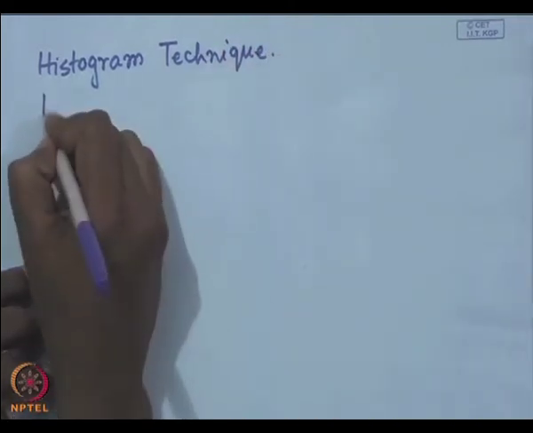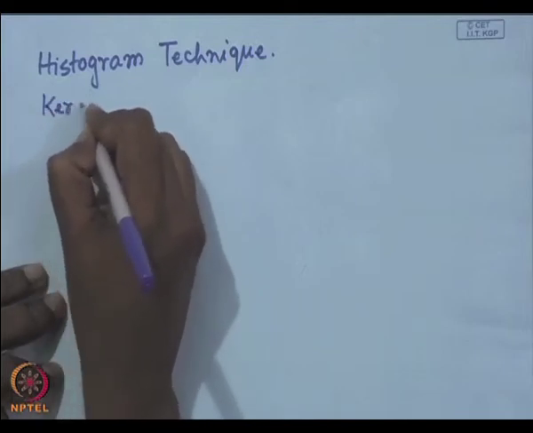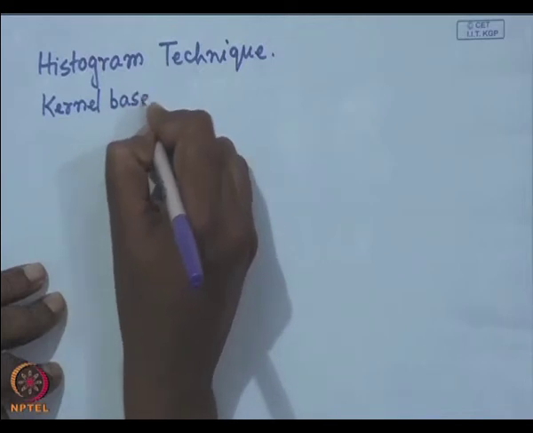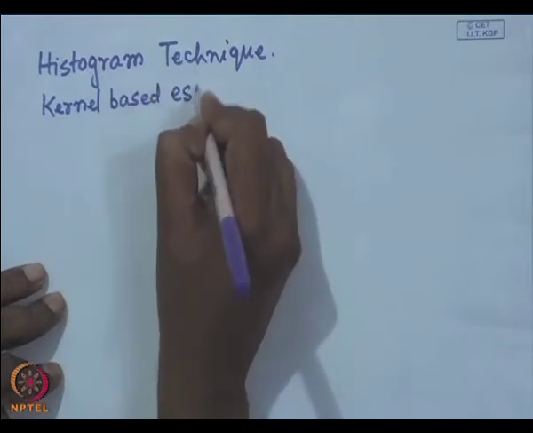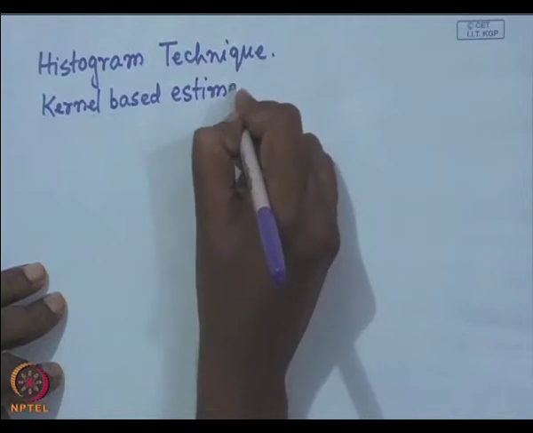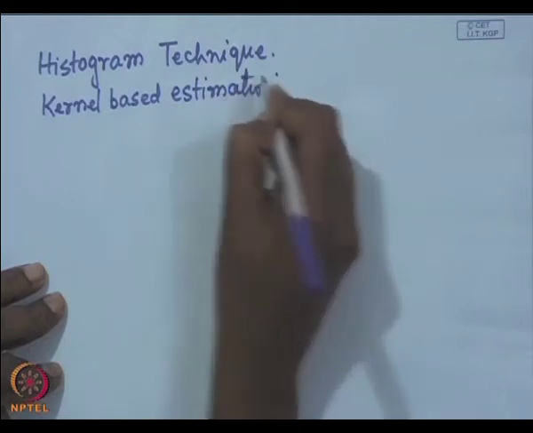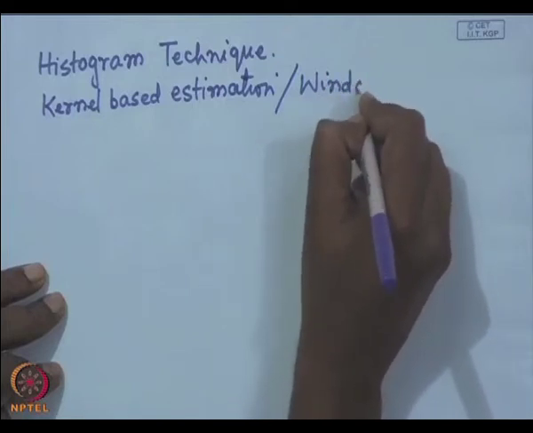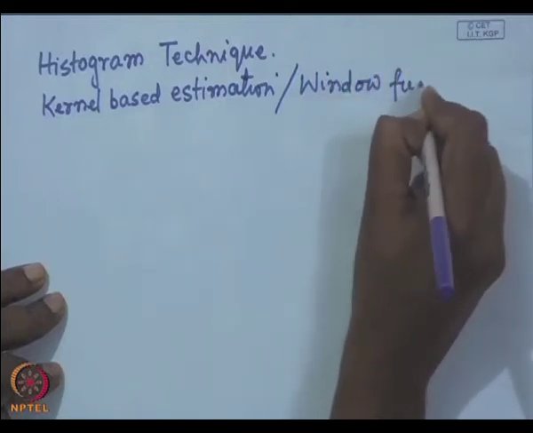The other one is called kernel based estimation, which is also called making use of a window function.